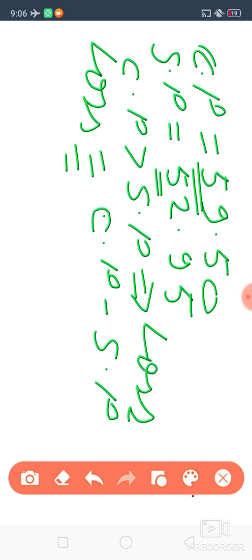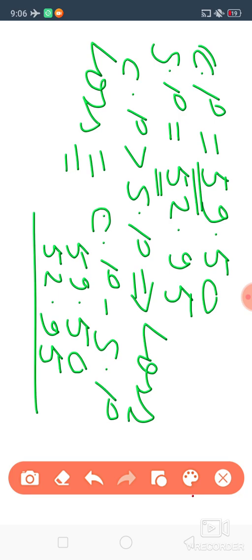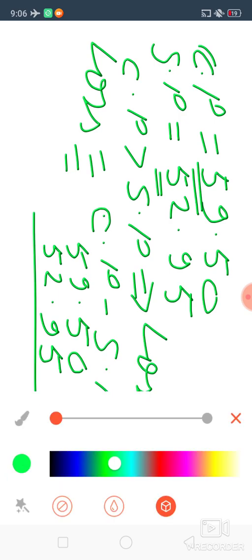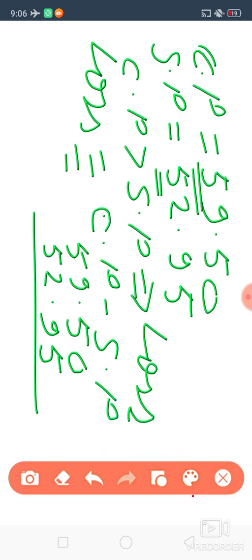Now subtract it. CP is 59.50, minus 52.95. How much will you get? This 0 is here, so we'll borrow, it will become 10. 10 minus 5, we get 5.